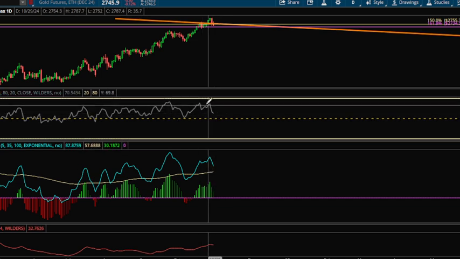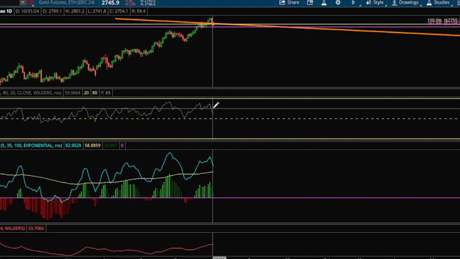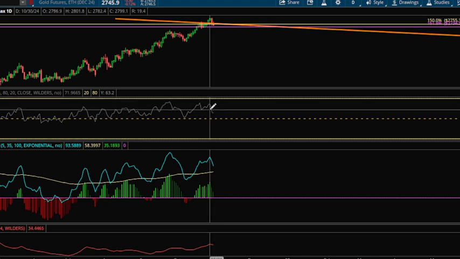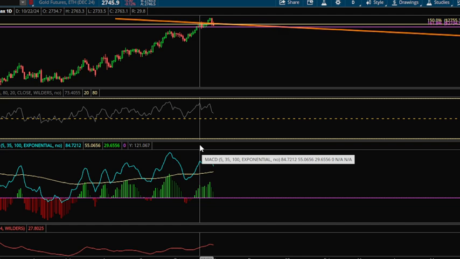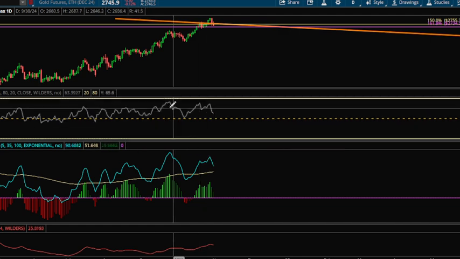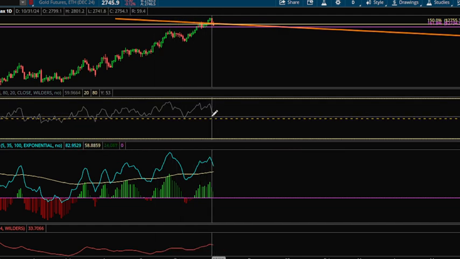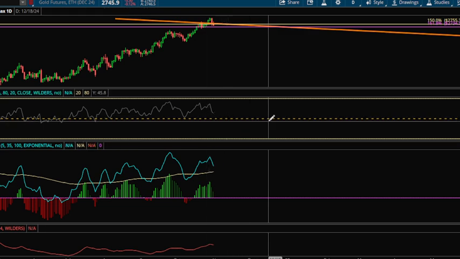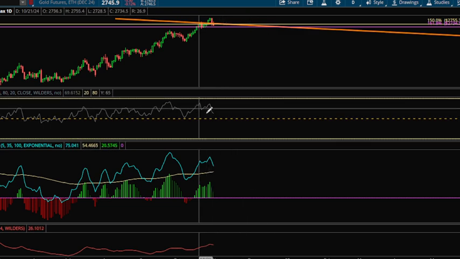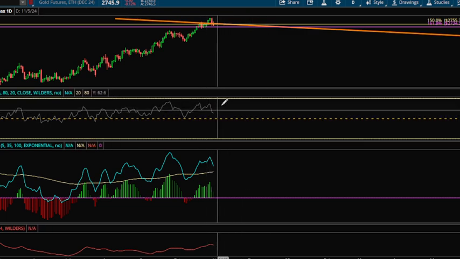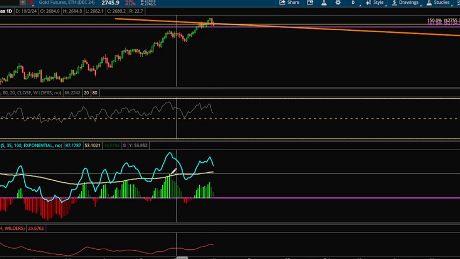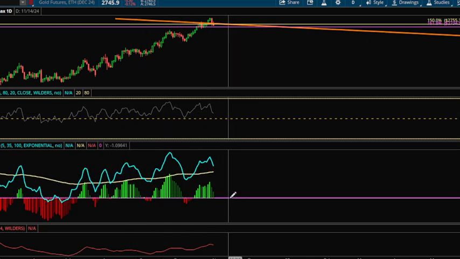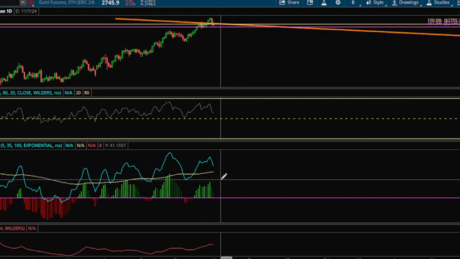The momentum has already been turning down for a while, and again, this is on the daily time frame on my indicators. Now, as long as this RSI stays above this yellow dotted line I have here at 50, the chart's still considered in an uptrend. As far as the MACD, as long as this signal line, the white one, is above the 0 line, still considered an uptrend.